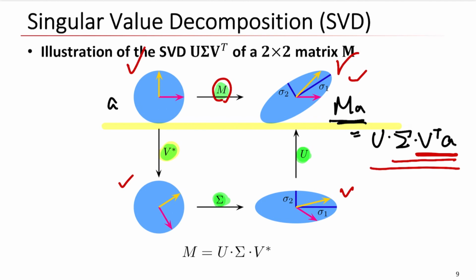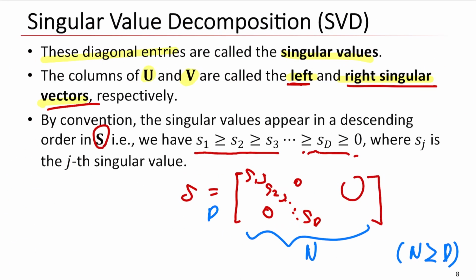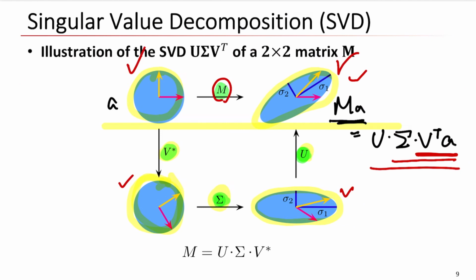V transpose and U just rotate the shape without any scaling, and sigma extends or shrinks each direction along the main diagonal.